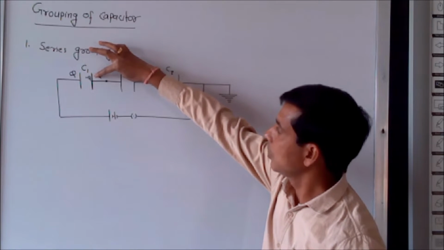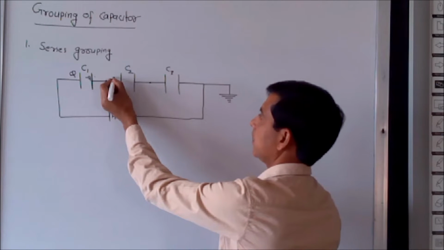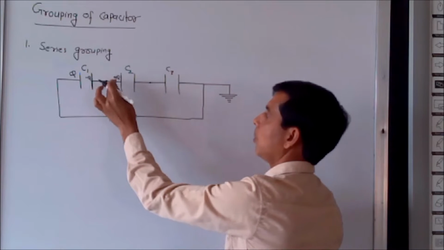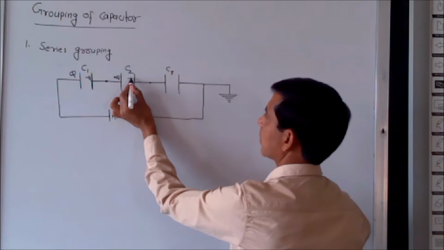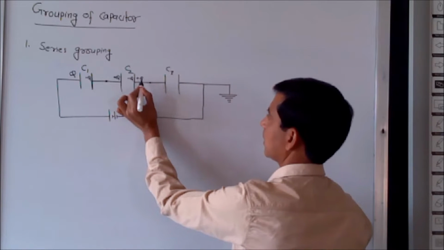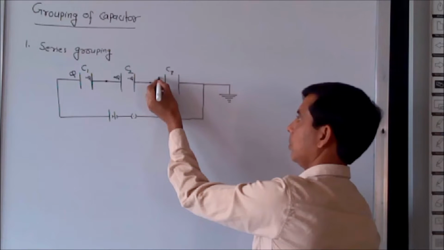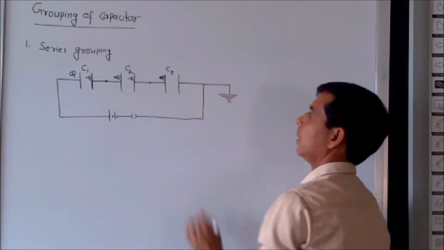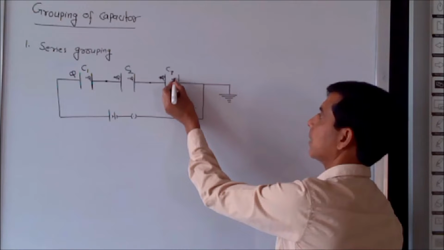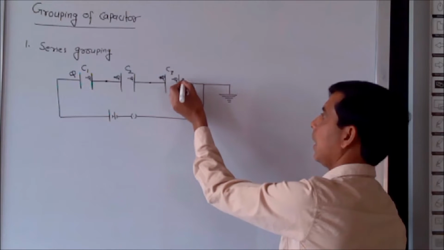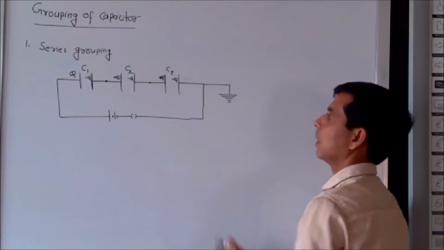This plus charge goes to the first plate of capacitor C2. Due to induction, minus Q charge is induced here and plus Q charge is present here. This plus Q charge goes to the first plate of the third capacitor. Due to induction, minus Q is produced here and plus Q charge produced here, but due to earthing, this plus Q charge goes to earth.